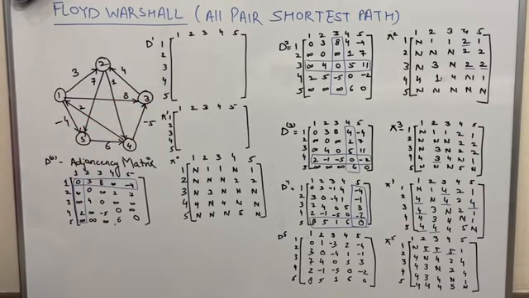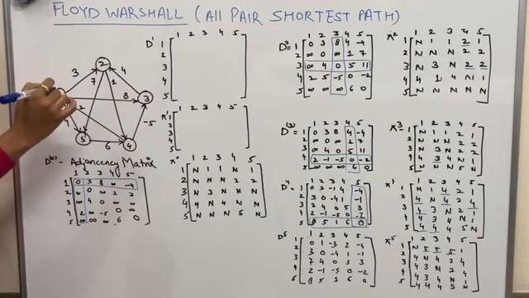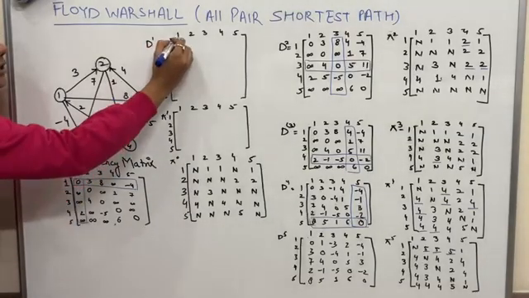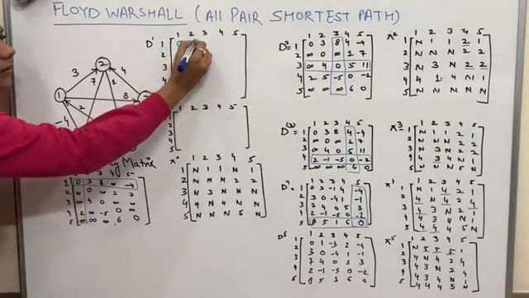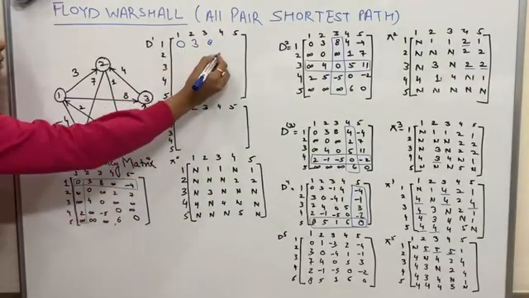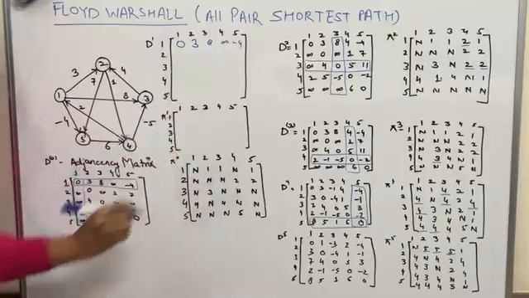It means there is no updation from source node 1. Now we are just going to copy the values from distance matrix 0, and the starting of distance matrix 1 is 0, 3, 8, infinity, -4.